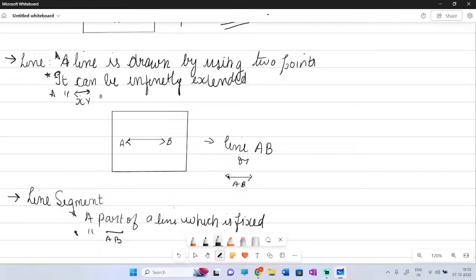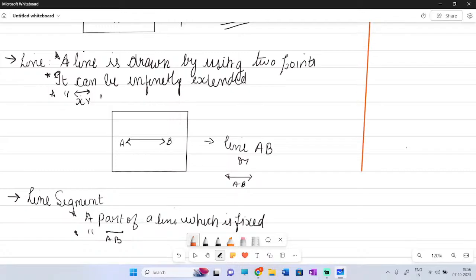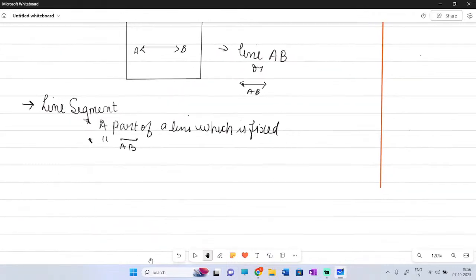So I'm going to make a rough space here. Okay, now let's continue. How do we draw? We already know.